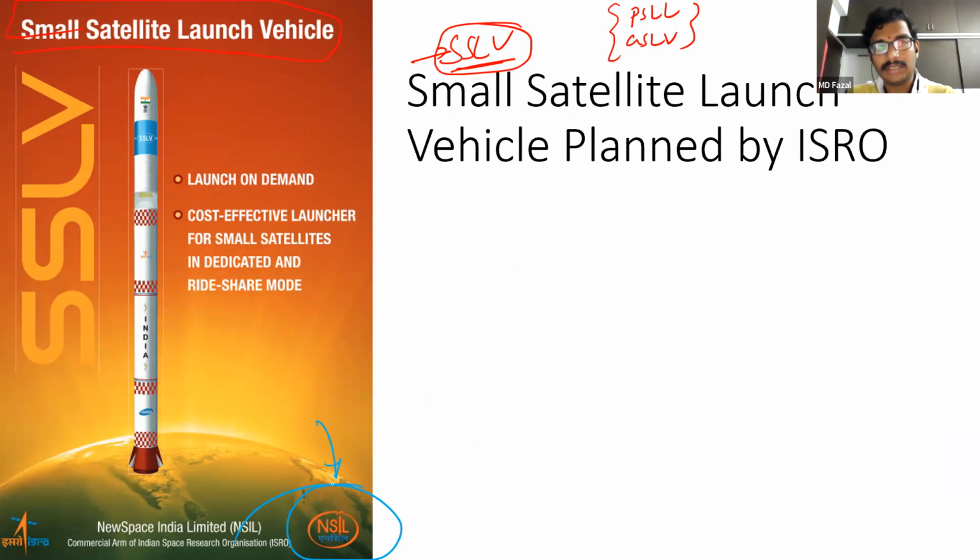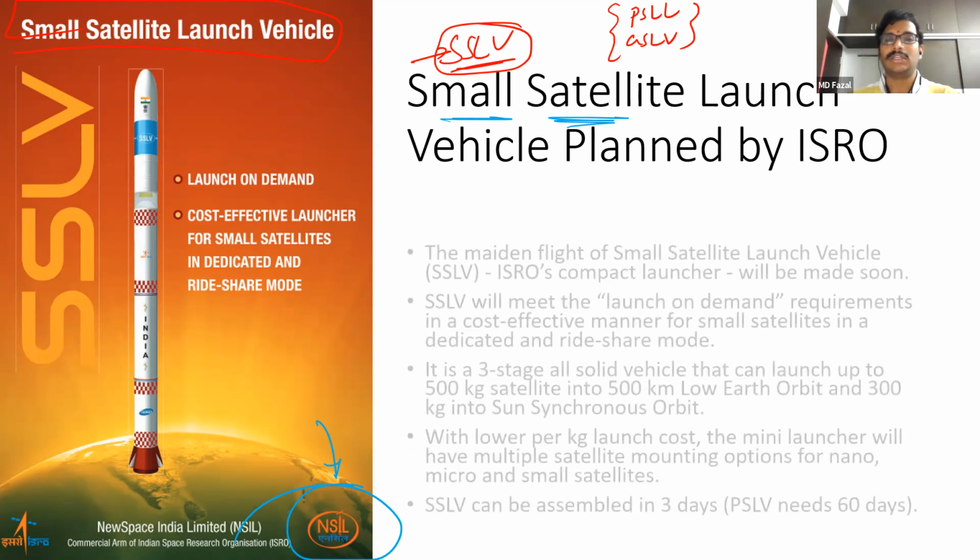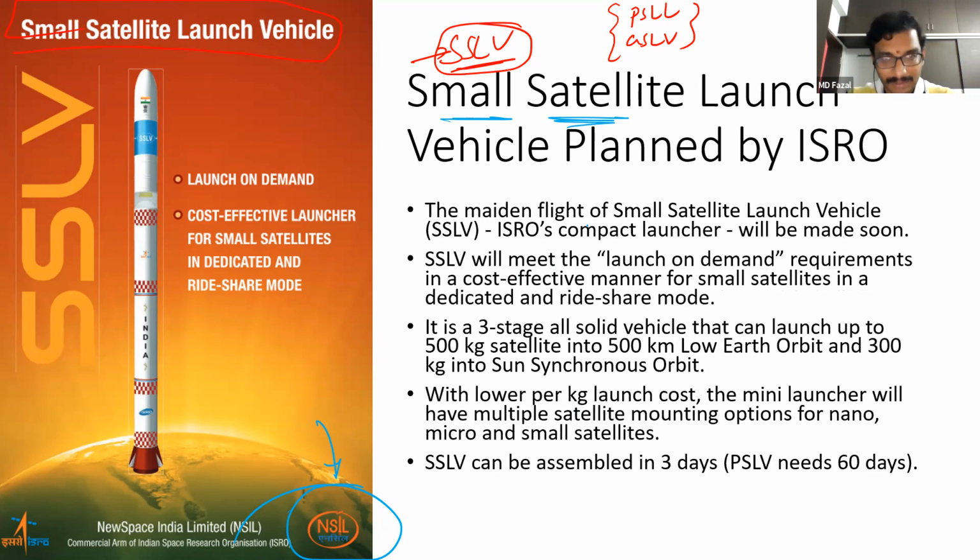PSLV can launch even 100 satellites. But what if I want to launch only 3 or 4 small satellites? Again, you have to build that PSLV, a lot of cost. So in order to avoid that, ISRO has created a compact launcher. It is a mini version of PSLV, more cost effective and dedicated.